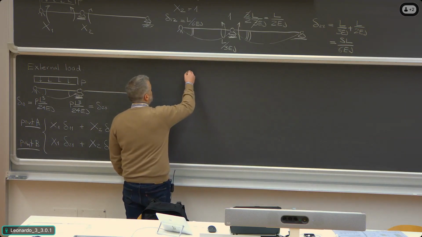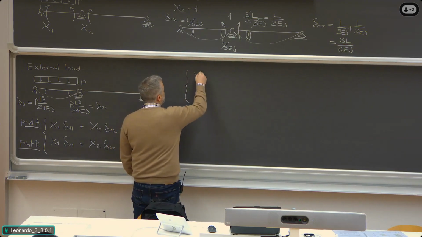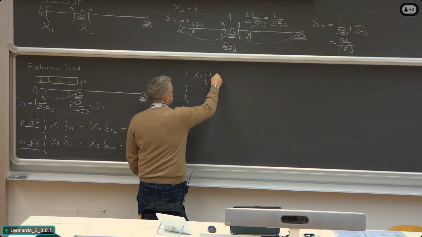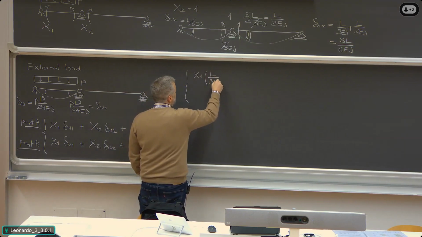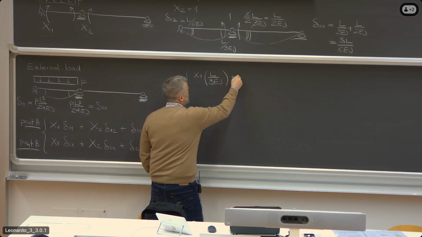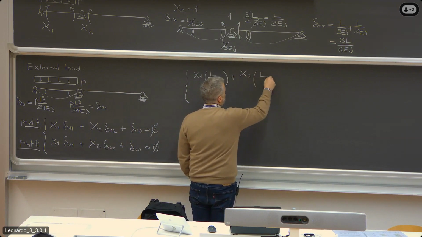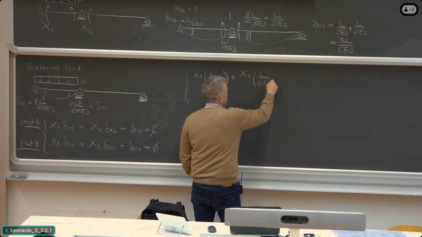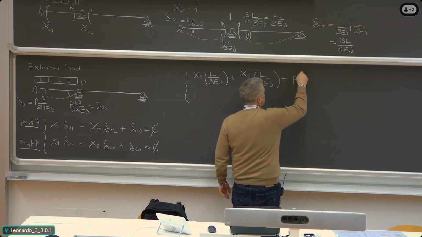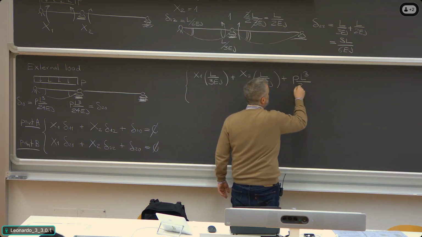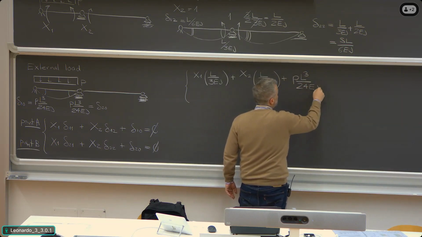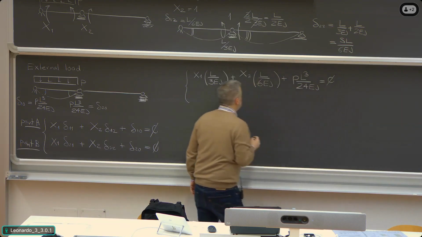With the coefficients we have, these two equations reduce to x1 L divided by 3EJ plus x2 L divided by 6EJ plus PL to the power of 3 divided by 24EJ equal 0.